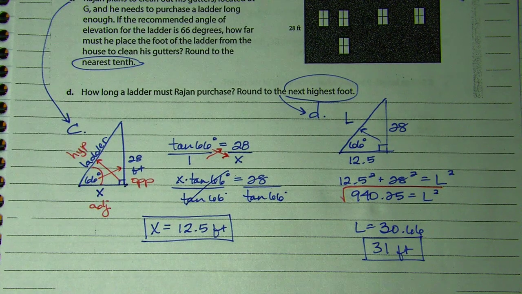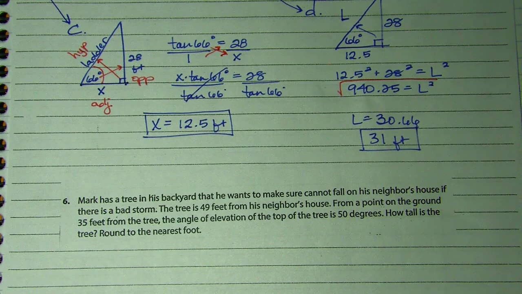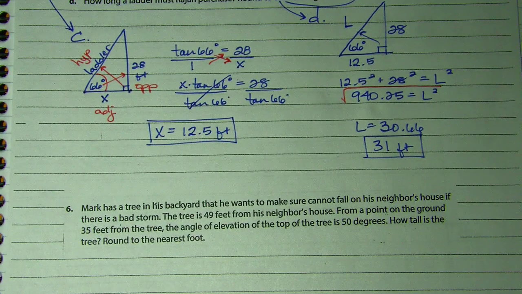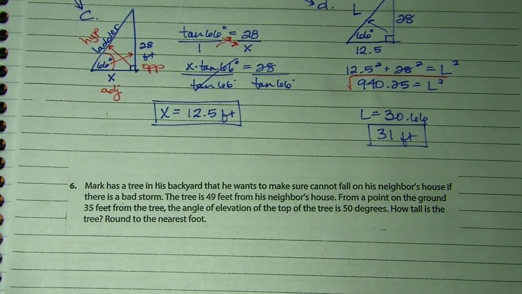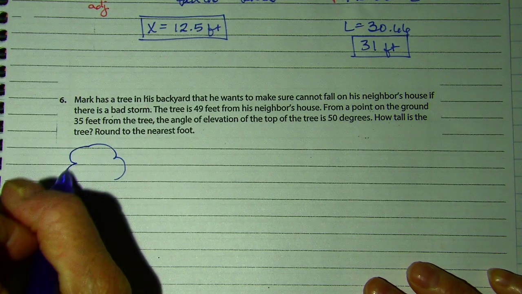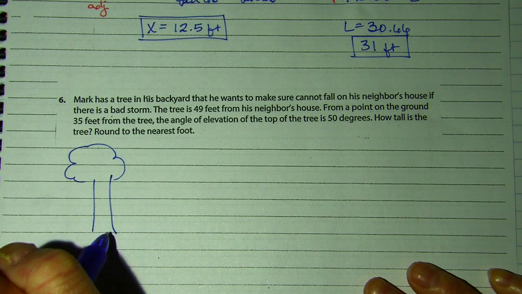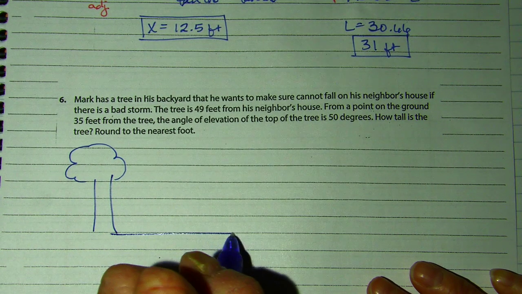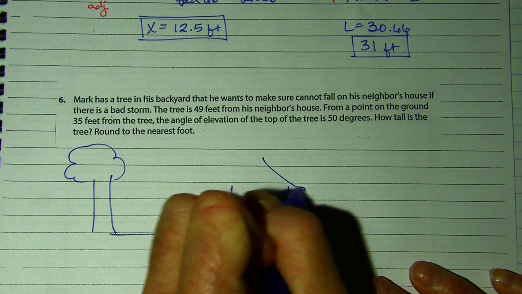All right, so next one. Number 6. Mark has a tree in his backyard. He wants to make sure it will not fall on his neighbor's house if there is a bad storm. The tree is 49 feet from his neighbor's house.